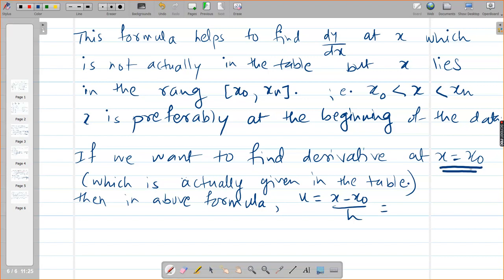But what is x here? What is x we are taking? x0. So it will become x0 minus x0 upon h, that is 0. U की वैल्यू क्या बन जाएगी? 0 बन जाएगी, समझा? That is, at x equal to x0, u will become 0.